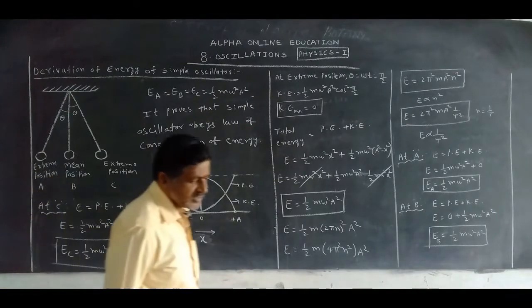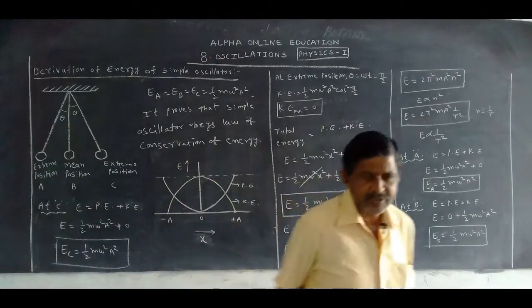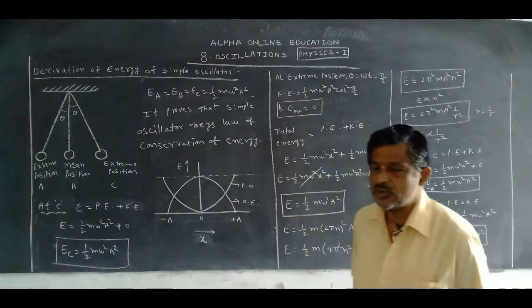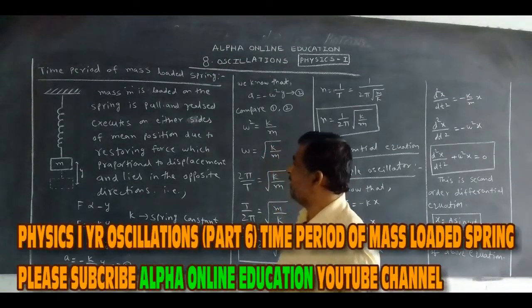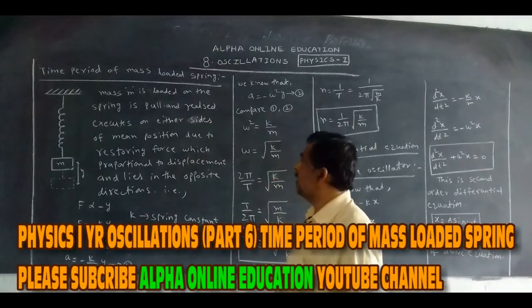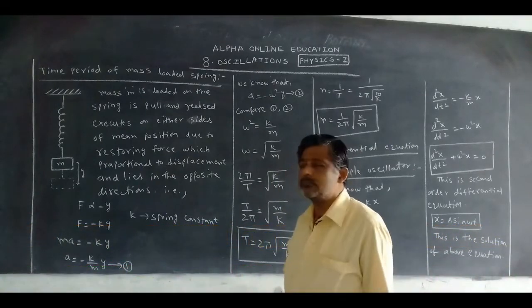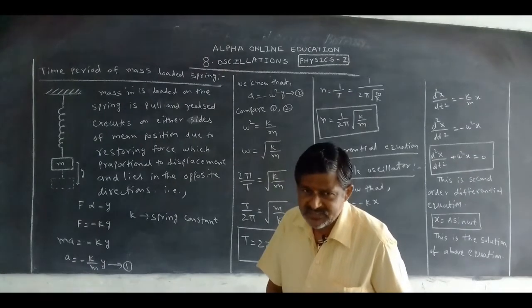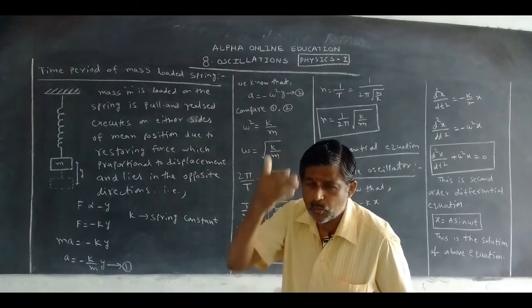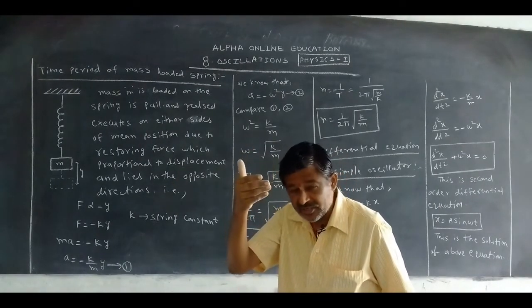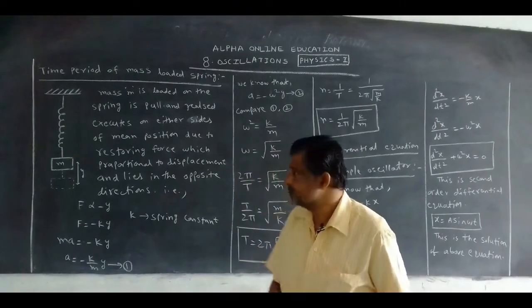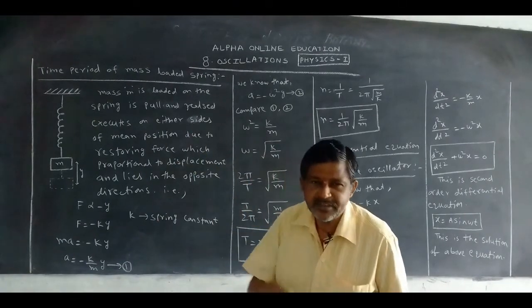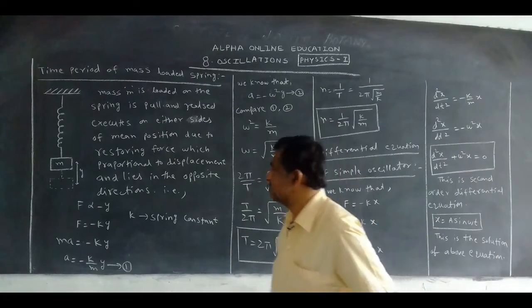This is a very important question in this chapter. The topic is time period of mass loaded spring. Time period means time taken for one oscillation or one vibration, and a mass loaded spring makes the vibrations.